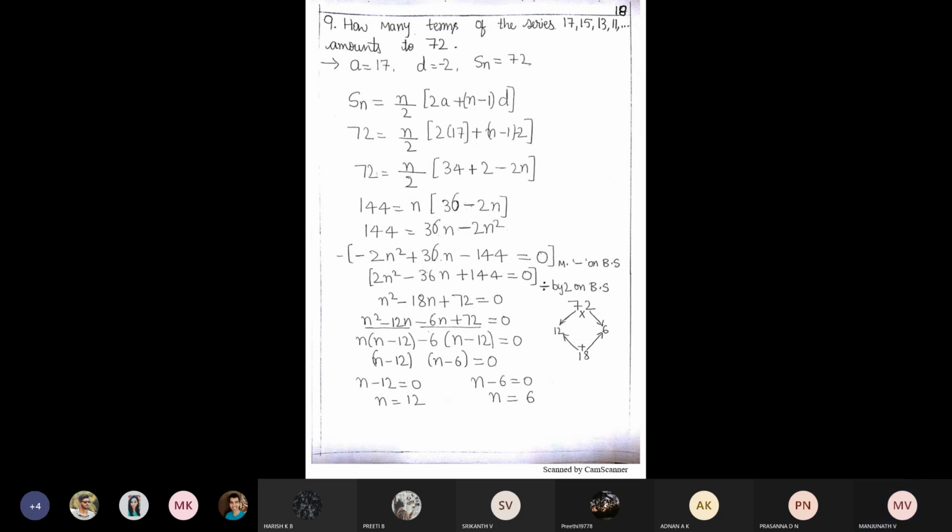Amounts to 72 means sum, that means sum is equal to 72. Based on this clue, you can use the Sn formula.